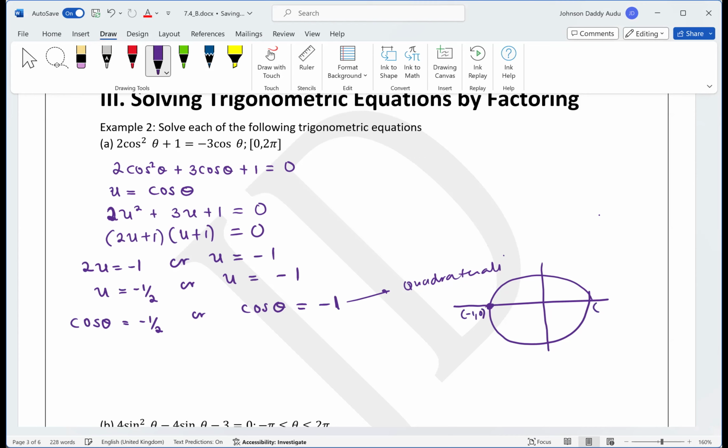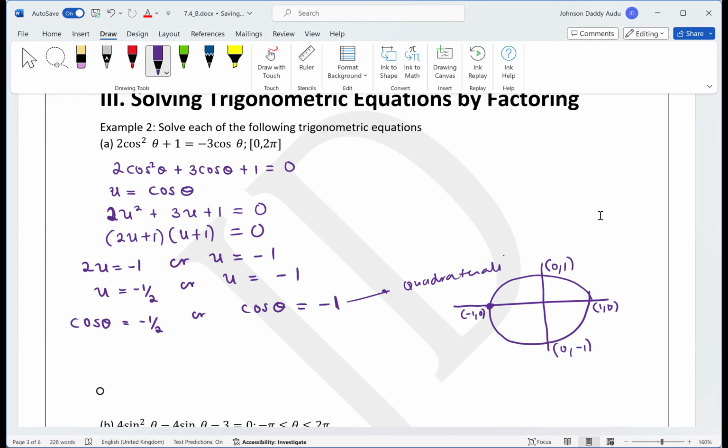Don't forget, this one is 1, 0, this is 0, 1, and this is 0, minus 1, right?